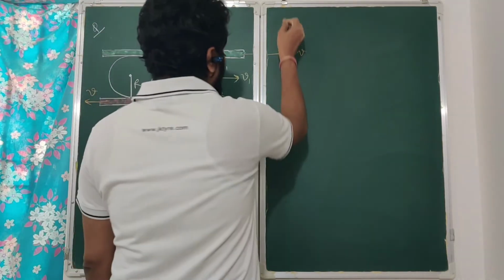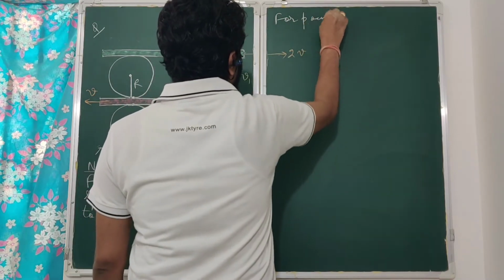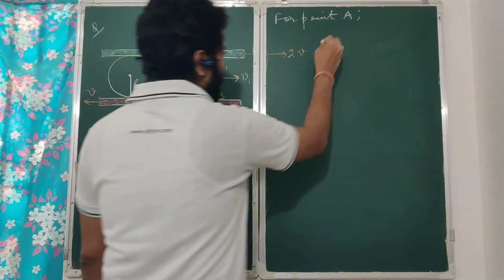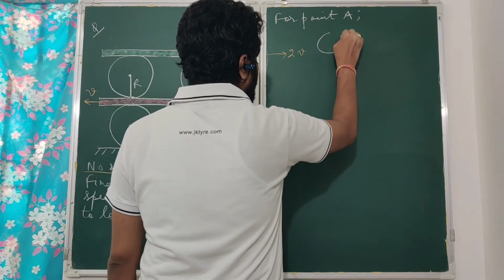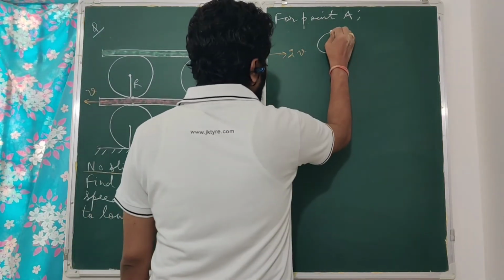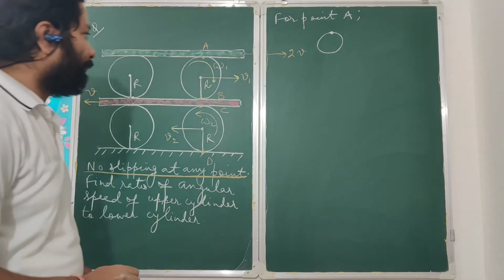So let us do that. First for point A, I'll draw it. This is, let us say, the cylinder. So this is point A. What are the different velocities?